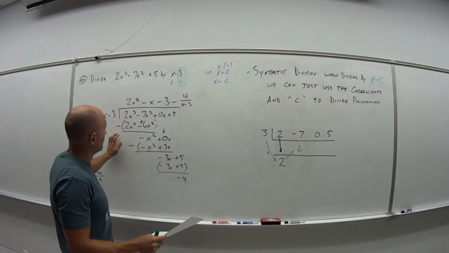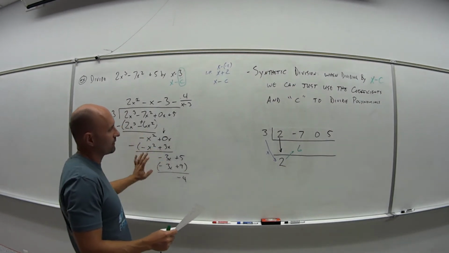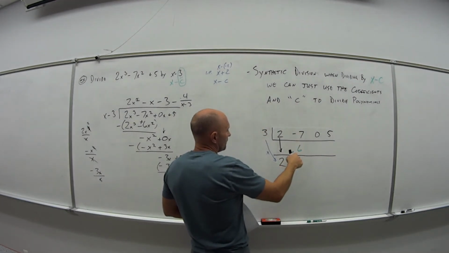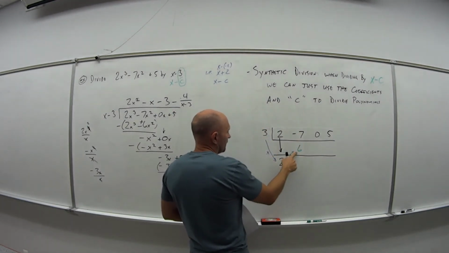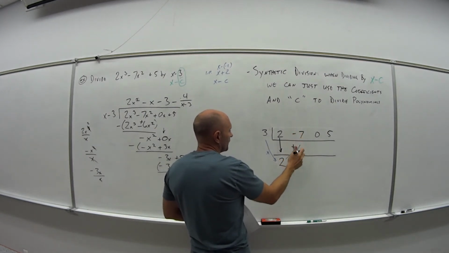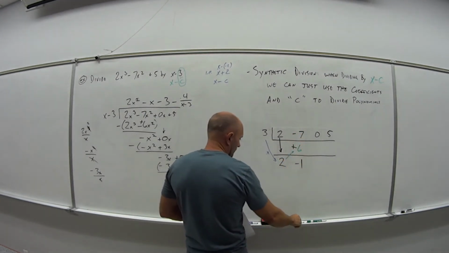Over here we had subtraction, so we were all worried about the negative signs, this, that, and the other. You don't have to worry about that here. Once you have a number, you multiply, that number comes up here, and then just add these two together. Negative 7 plus 6 is negative 1.